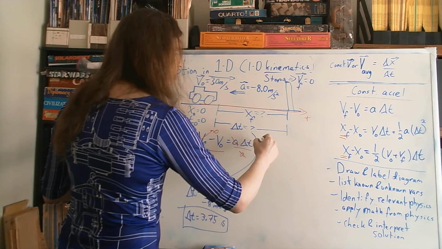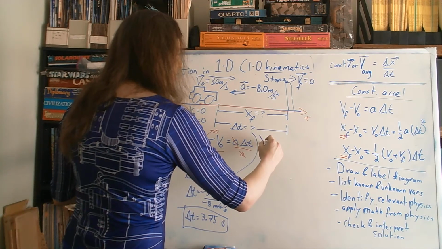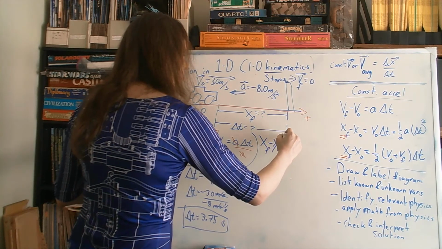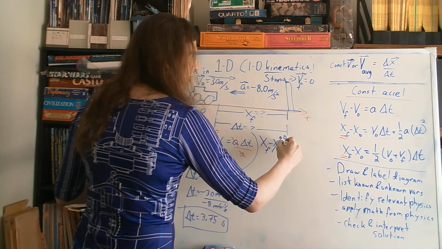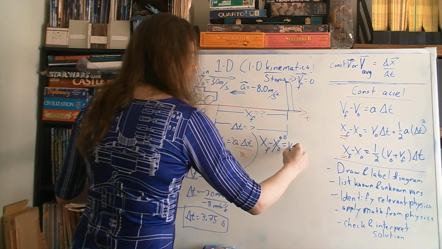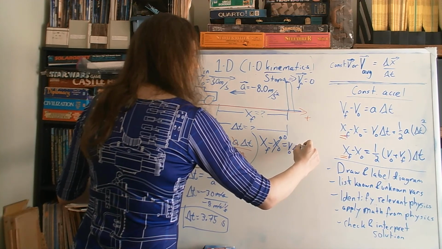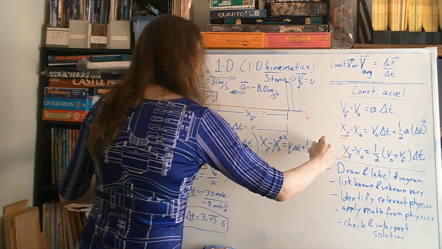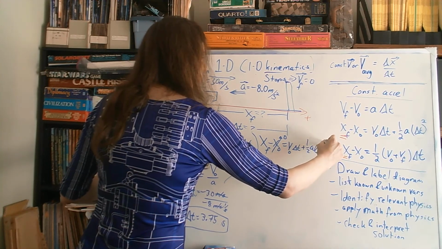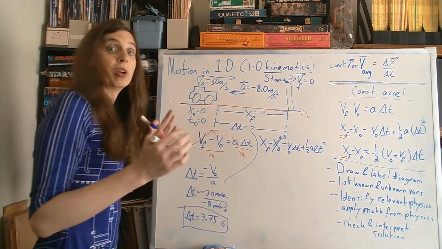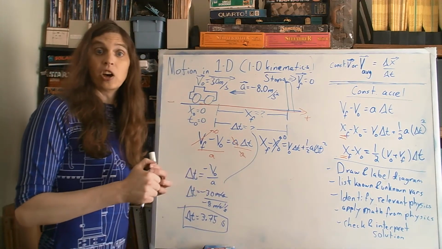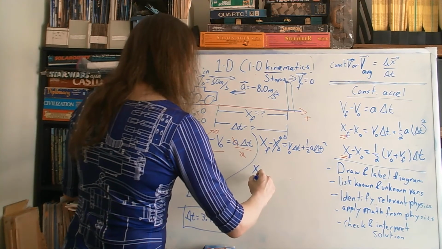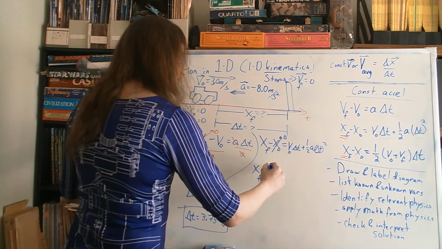And so we'll go ahead and write that: x final minus x0, which is going to disappear since it's 0, equals v0 delta t plus half a delta t squared. Okay, we already have isolated the unknown we're looking for, our x final. So we can go right ahead and dump our numbers in.